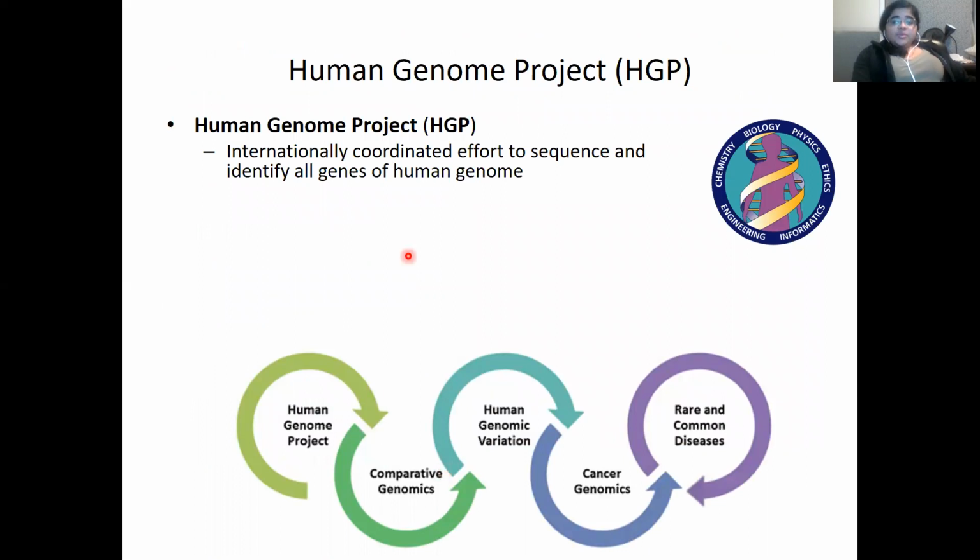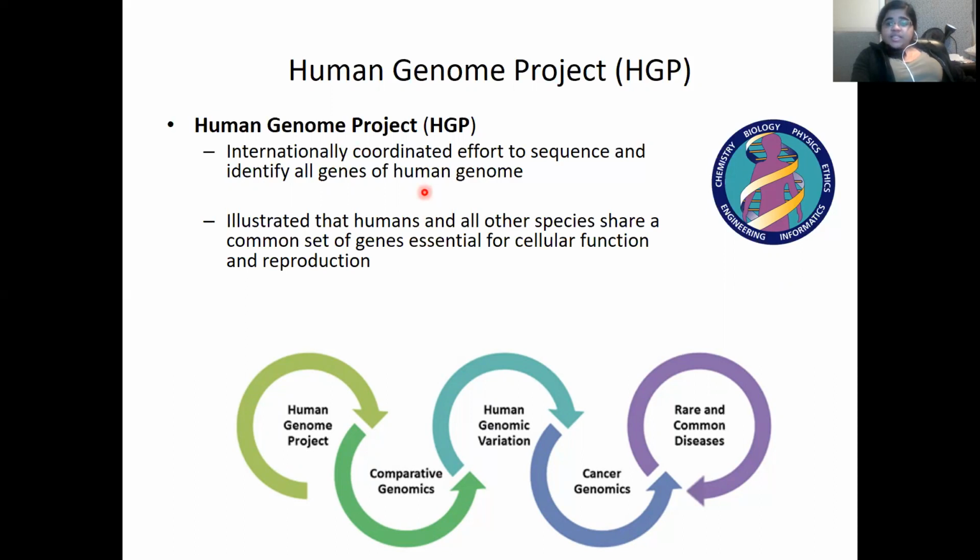So next we have what is called the Human Genome Project. The Human Genome Project is an internationally coordinated effort to sequence and identify all genes of the human genome.